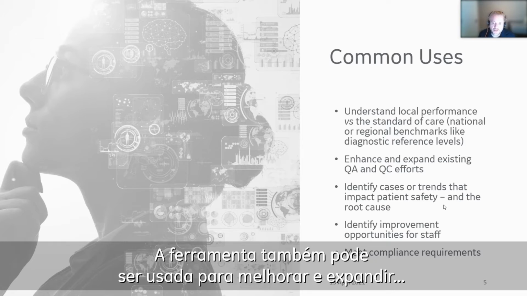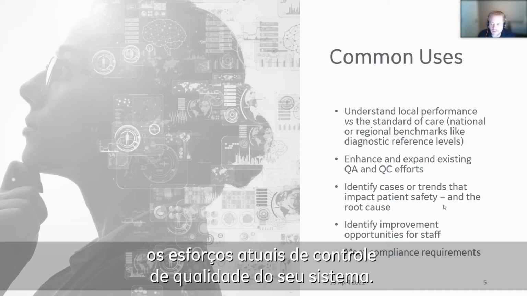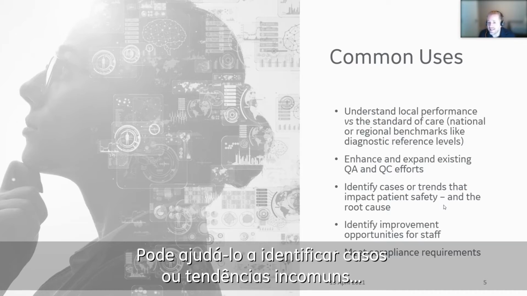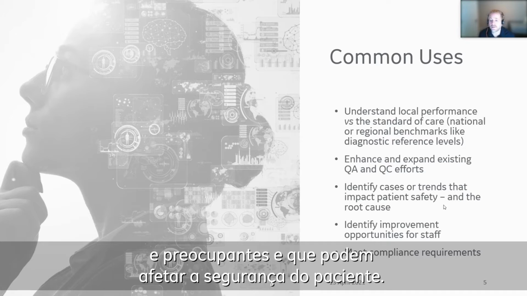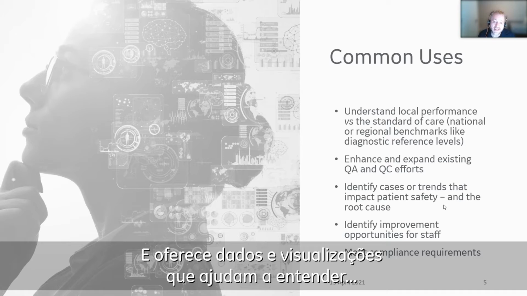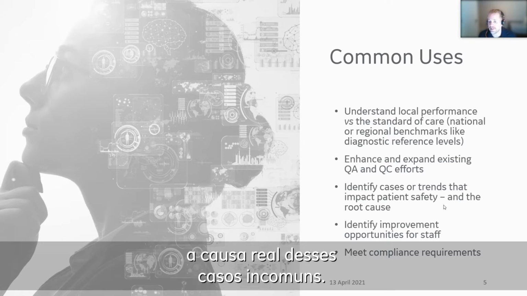The tool can also be used to enhance and expand your existing quality assurance and quality control efforts. It can help you identify unusual cases or trends that are concerning and could potentially impact patient safety. And they give you data and visualizations that help you understand the root cause of these unusual cases or outliers.